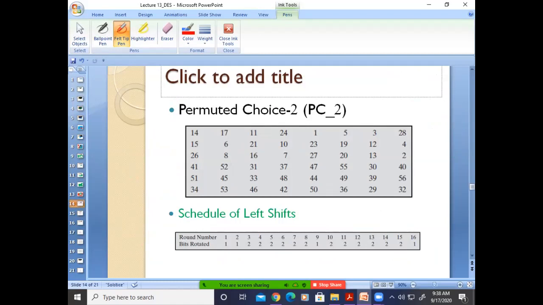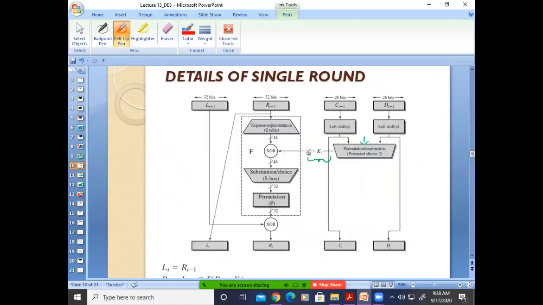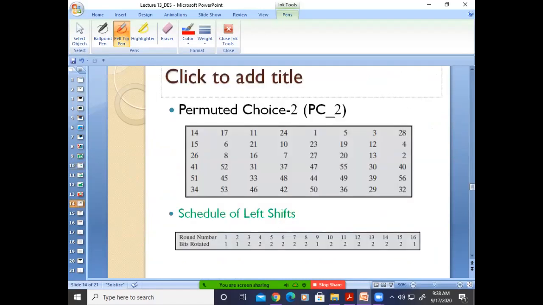Just rearranging. Once I perform the left circular shift on these 56 bits, 28 bits separate and 28 bits separate, then we take a selection sequence, which is called permuted choice 2. See how many columns? 8 columns and 6 rows.